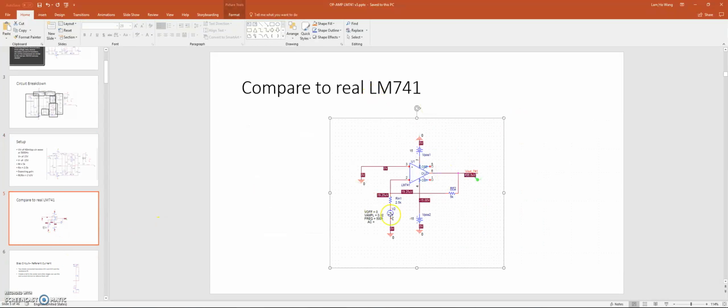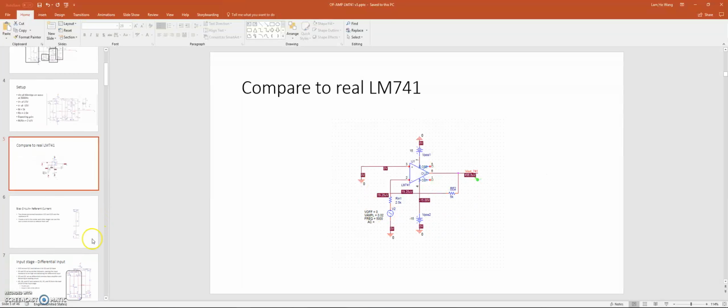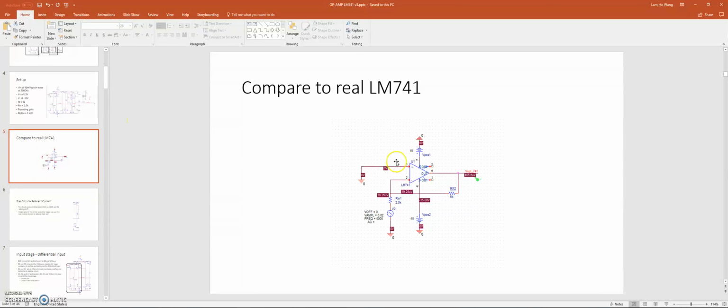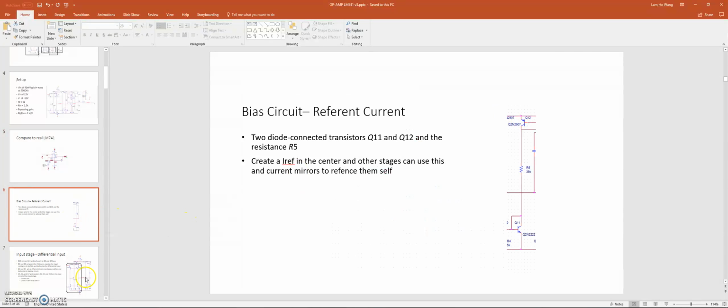And then here we are comparing the data to the simulated LM71. Here's the schematic. So we're using the exact same setup. We're just comparing the performance of the amp. So first, in the center of the circuit, we have a biasing circuit.